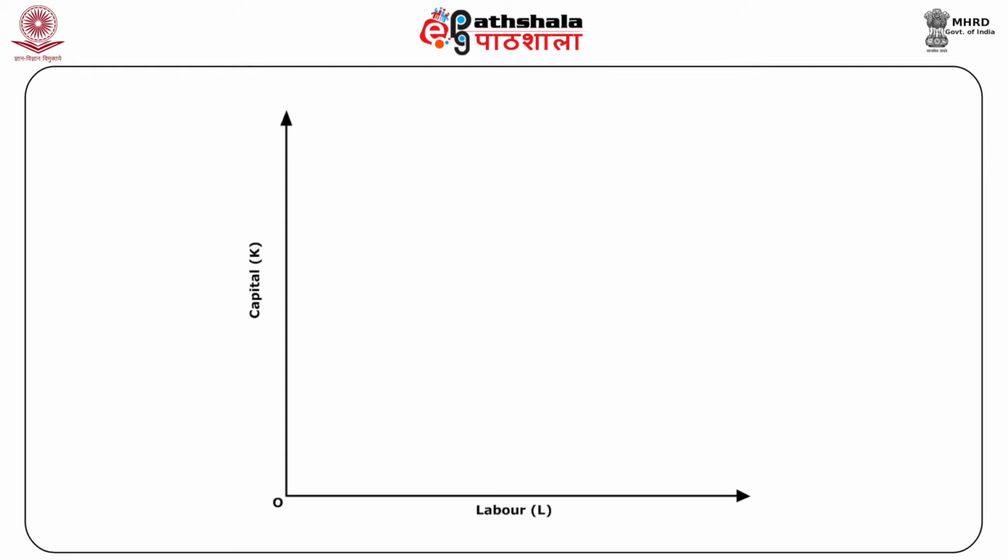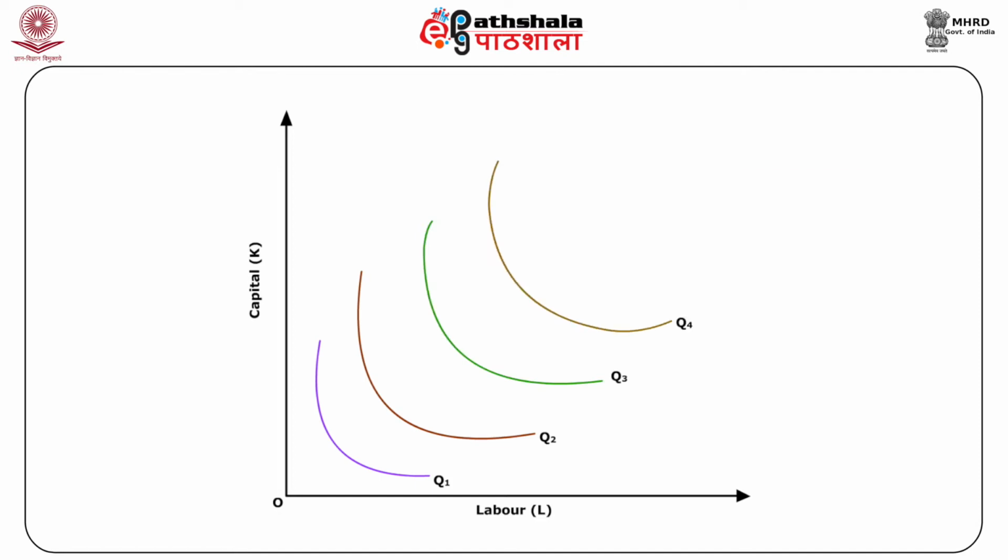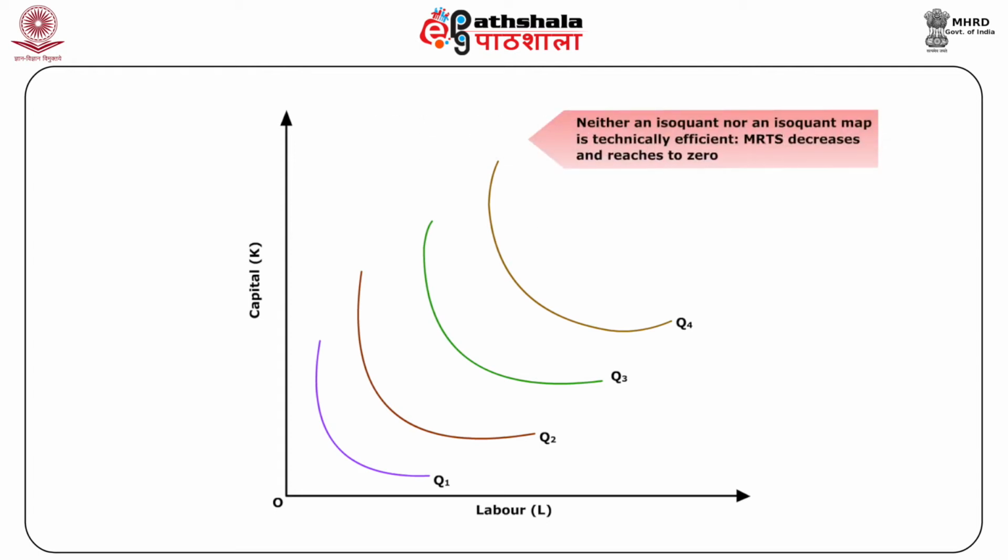Isoquant map is a set of isoquants like IQ1, IQ2, IQ3 and IQ4 in the figure, where each isoquant shows different outputs produced by different combinations of labor and capital. It is important to note here that neither an isoquant nor an isoquant map is technically efficient, because the MRTS on an isoquant decreases and reaches 0.